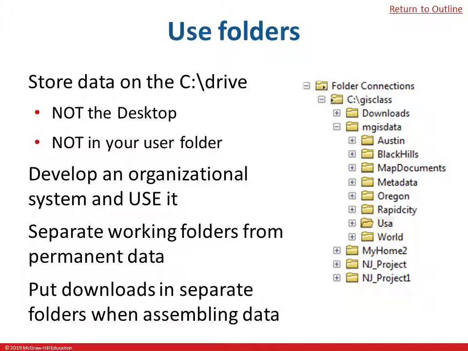Okay, and then put the downloads in a separate folder when assembling the data. So what does all that mean? Alright, if you download data from an external source, you should download it into a GIS downloads folder. When you're playing around and working on data, it should be in a working GIS data folder. When you're making something that's useful that you're going to save as part of a project or something permanent, it should be in a permanent GIS working folder.